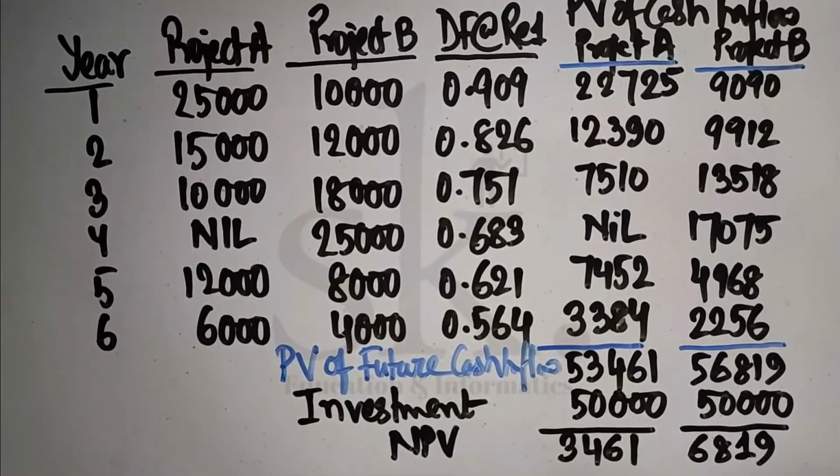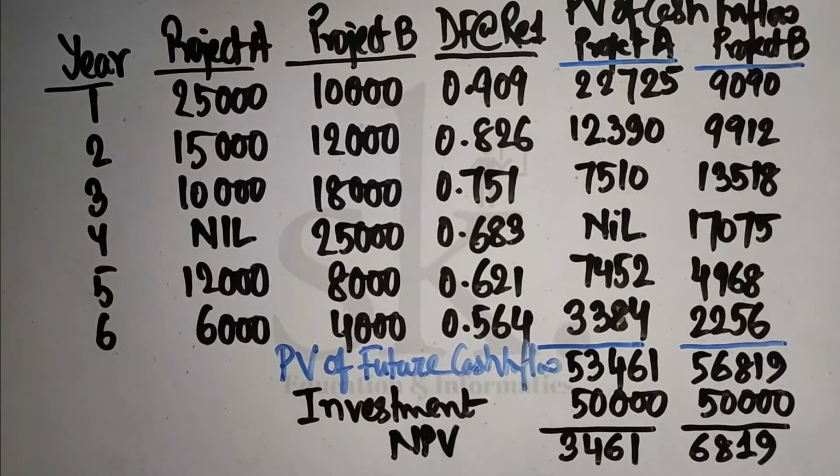So what will be the conclusion? We have been asked which proposal should be selected, using the NPV method to suggest the best project. So what will be my answer? As per the accept-reject rules of NPV, if my NPV is greater than 0, then we accept a project. Now if you check project A and project B, both have a positive NPV.